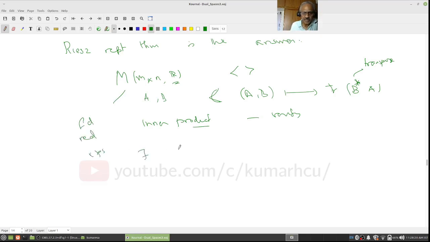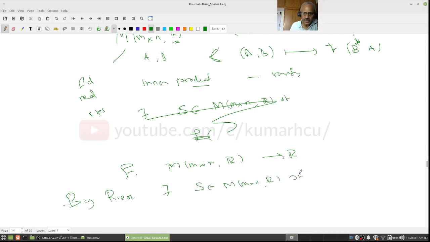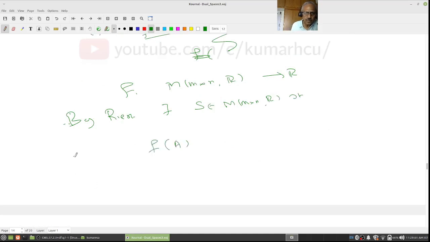Therefore, if F is a linear map from M cross N R to R, by Riesz's representation theorem, there exists an S in M cross N R such that for all A in M cross N R, F of A is the inner product of A with S. Now, what is this?